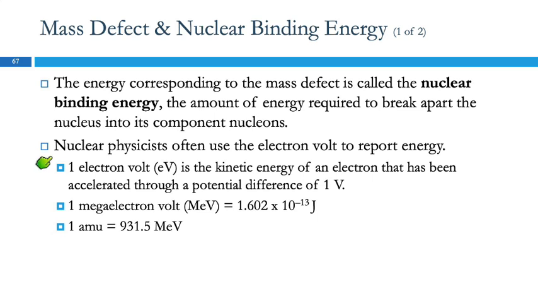Nuclear physicists often use the electron volt to report energy instead of joules or kilojoules or something. So the electron volt, lowercase e, capital V, is the kinetic energy of an electron that has accelerated through a potential difference of 1 volt. That sounds like a physics thing, doesn't it?